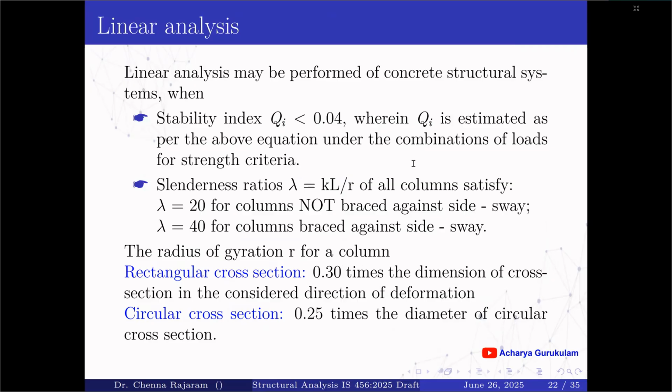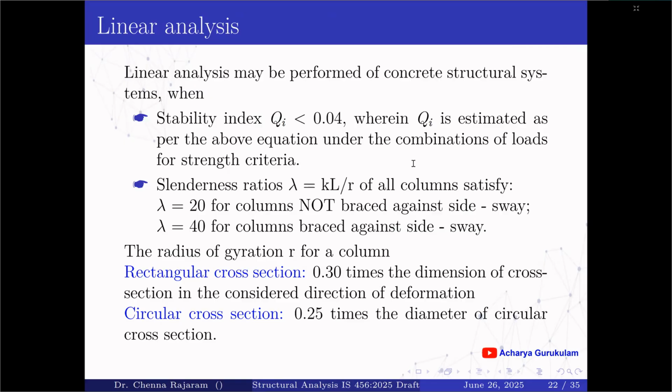Linear analysis may be performed on concrete structural systems when the stability index Q is less than 0.04, as discussed in the previous slide, and the slenderness ratio lambda equal to KL by r of all columns satisfies lambda less than or equal to 20 for columns not braced against side sway, and lambda less than or equal to 40 for columns braced against side sway.